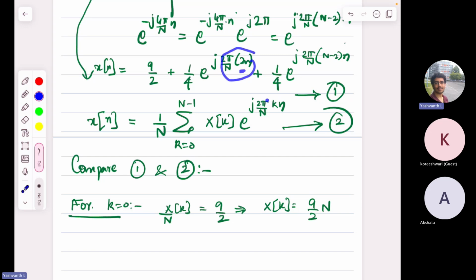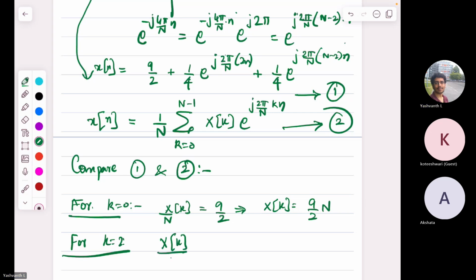Now, what is the next complex exponential present? If you remember 2 pi by N, here it is there, here also it is there. What is different is 2n versus kn. That means for k equal to 2, x of k by N should equal what?